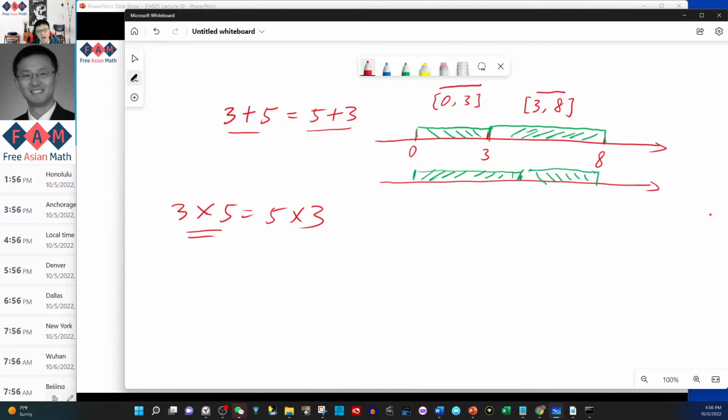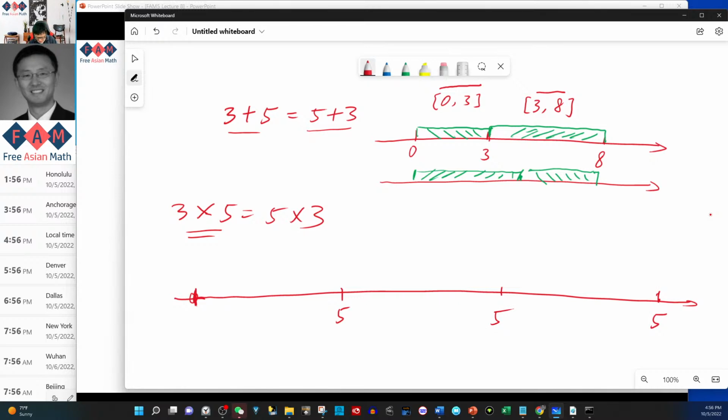You have 3 copies of 5, right? Put together. So let's consider we start from 0. This is 0, so start from here. We have 5 as the first number 5. We can have another 5, and finally we have 3, 5, right?